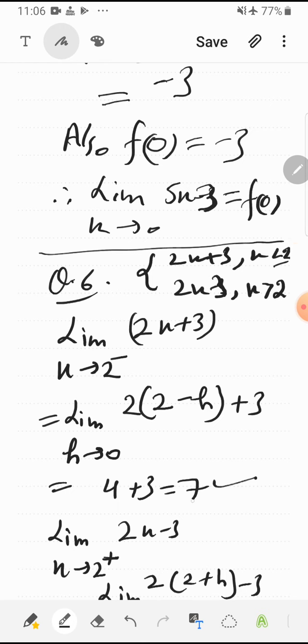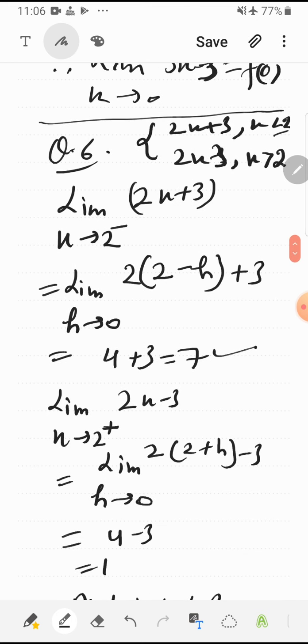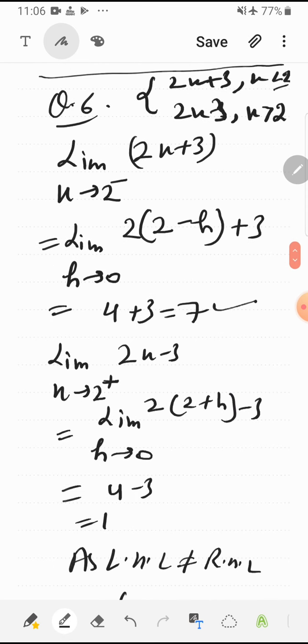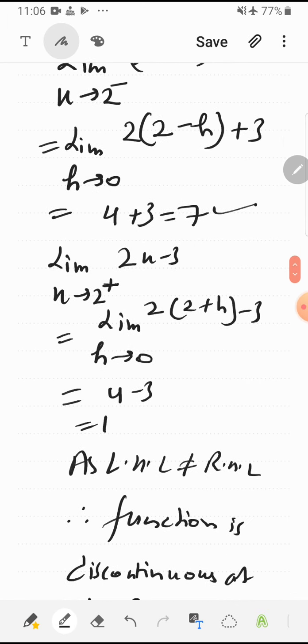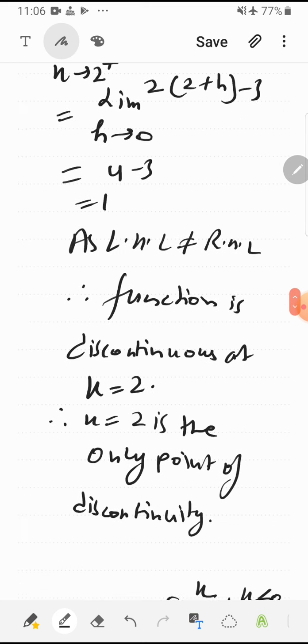So it is 4 plus 3, so 7 is the left hand limit. Now for the right hand limit, I am picking the definition when x is greater than 2, which is 2x minus 3. Here the symbol is 2 plus, I am putting x as 2 plus h. Again no simplification is needed, so I am putting h as 0, so it is 4 minus 3, which is 1. So as LHL is not equal to RHL, the limit does not exist, and as the limit does not exist, the function is discontinuous. So 2 is the only point of discontinuity.